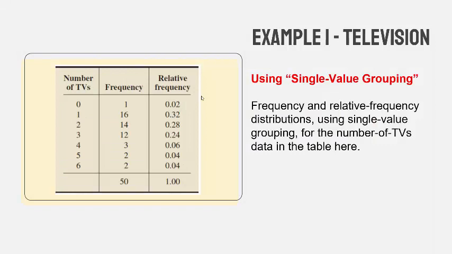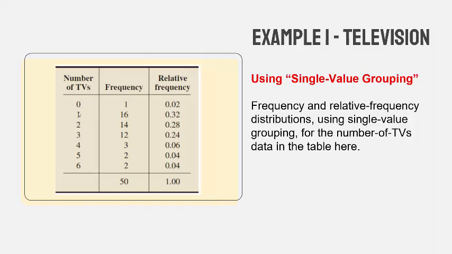This is how you do single value grouping with the televisions. First you list all the different values, which we'll call classes. There were households with 0 TVs, 1, 2, 3, 4, 5, and 6. Then, just like with qualitative data, you count how many households had 0 televisions.